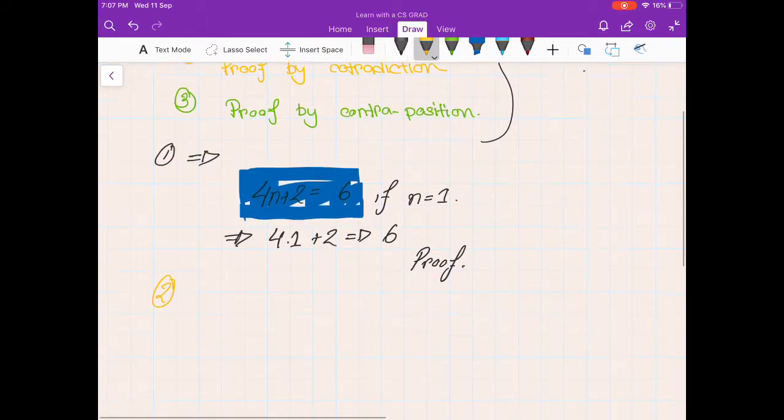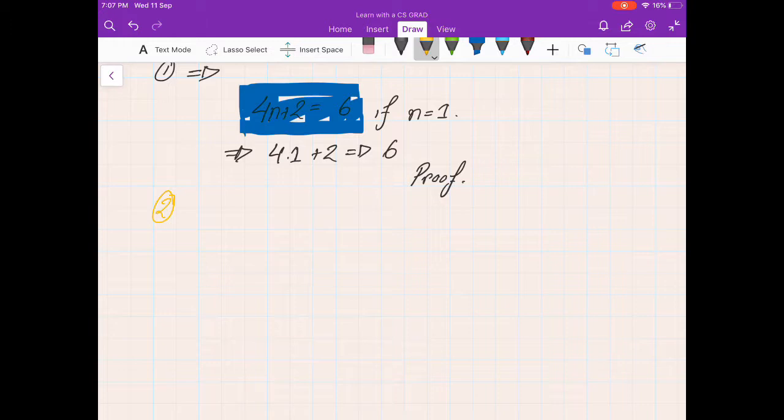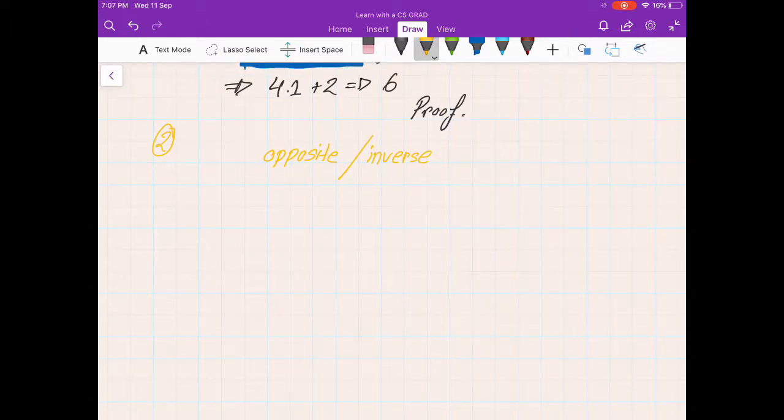The next one is proof by contradiction. In proof by contradiction, we try to prove that the opposite or the inverse statement is wrong, thus proving the actual statement is true. Suppose we have a statement P and another statement Q. It is telling us that if P happens, then Q happens too.